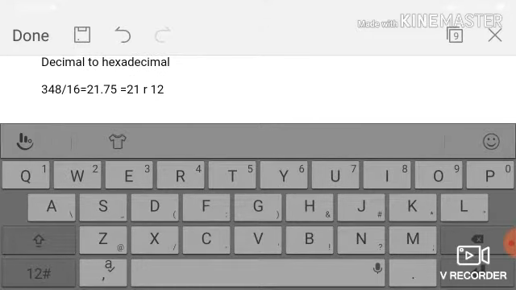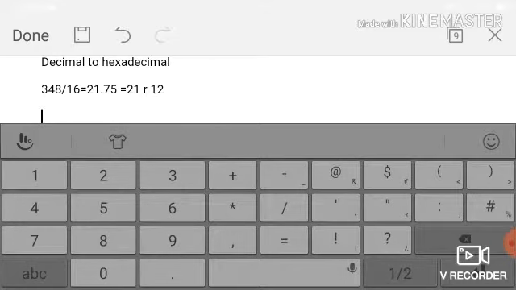So in getting the remainder, we're going to multiply the 0.75 times 16 equals 12.